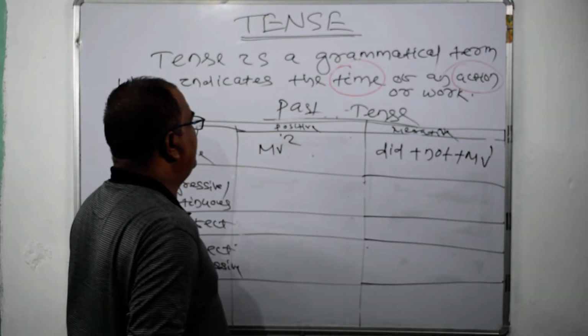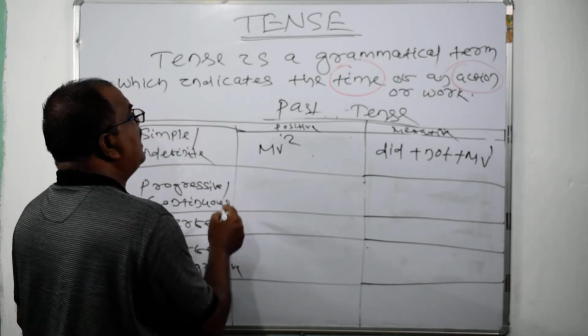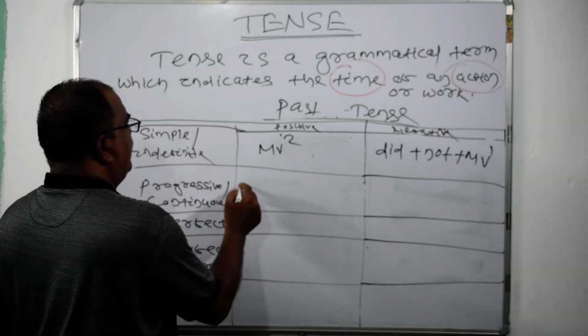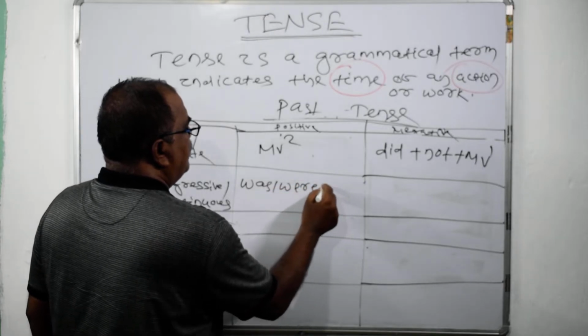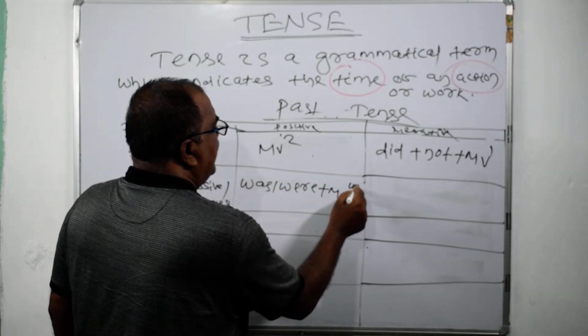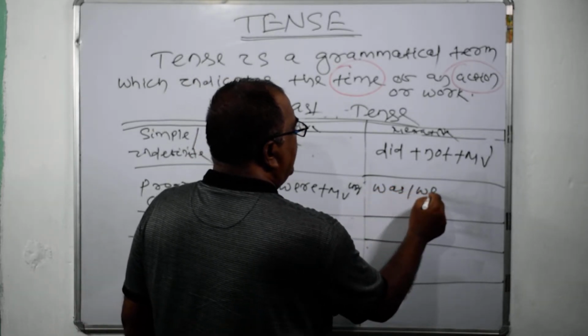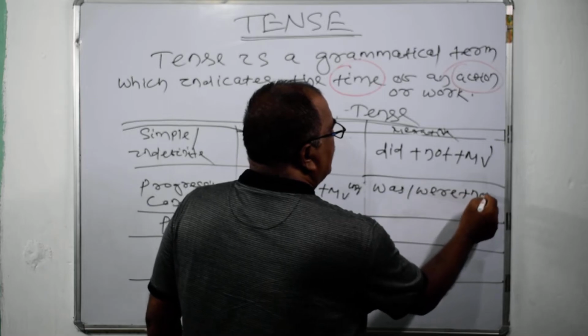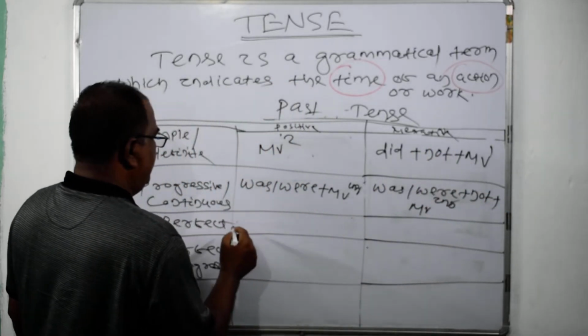Here did is an auxiliary verb. In past progressive or continuous, the verb form is was or were plus MV ing. Its negative form is was or were plus not plus MV ing.